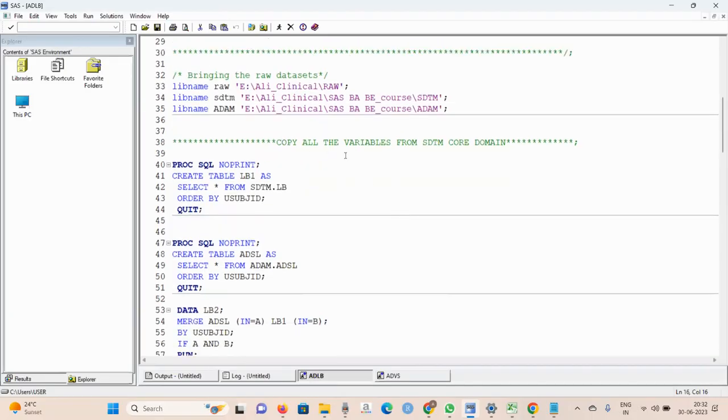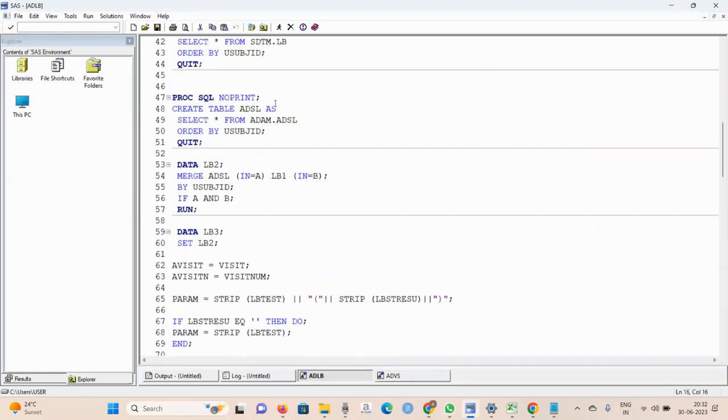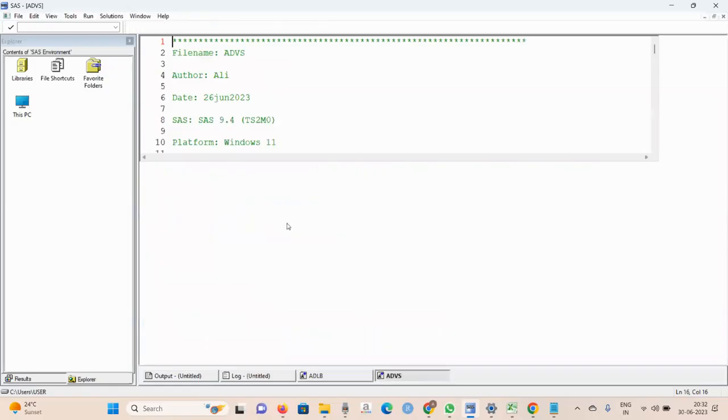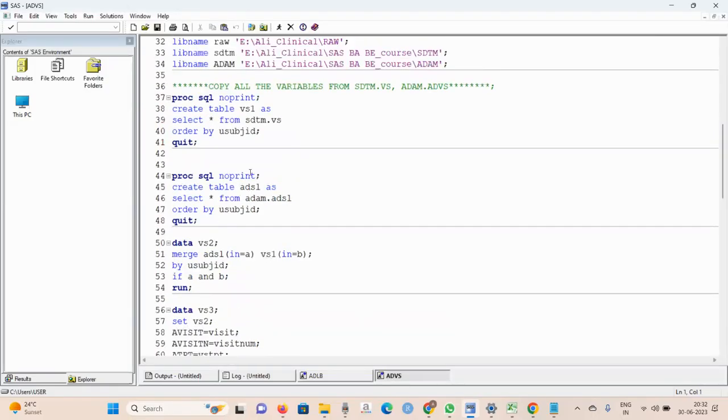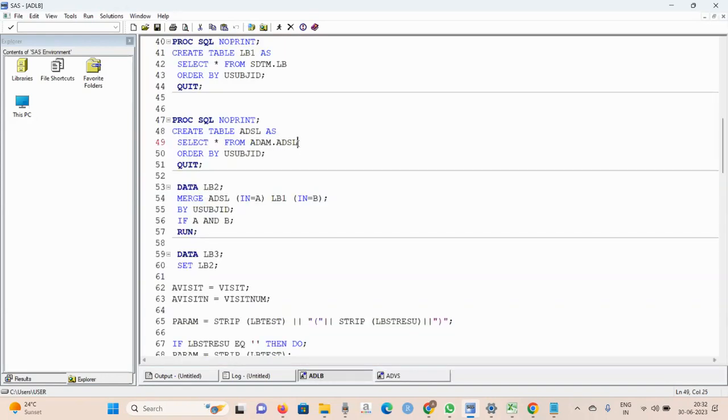Thereafter, you have to copy all the variables from SDTM as well as from ADaM. So how I did it in VS, the same thing. I copied the VS and the ADaM ADSL, and I did the same thing here. Thereafter I merge these two, ADSL and LB1, which is the SDTM LB.